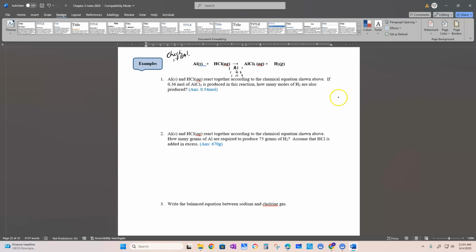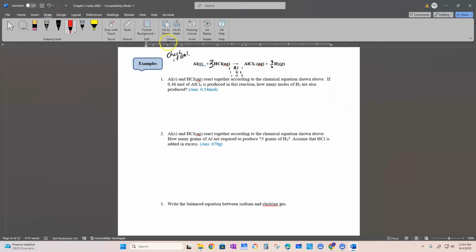I have 3 chlorines versus 1, so I do need a 3. And I could put a 3/2 if I wanted to there. If I want to keep whole numbers, instead you would have a 2, a 6, a 2, and a 3.